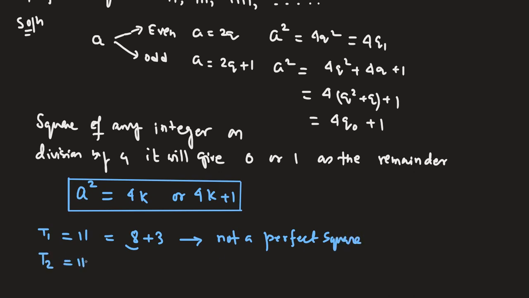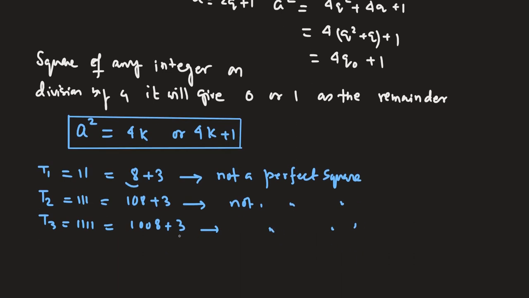T2 is 111. This number I can write as 108 plus 3. On division by 4 we get the remainder 3, so it is not a perfect square. T3 is 1111, so it will be 1108 plus 3. So again not a perfect square.